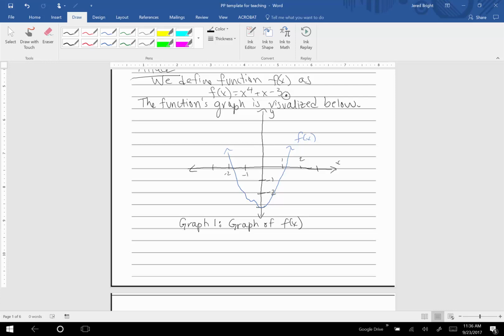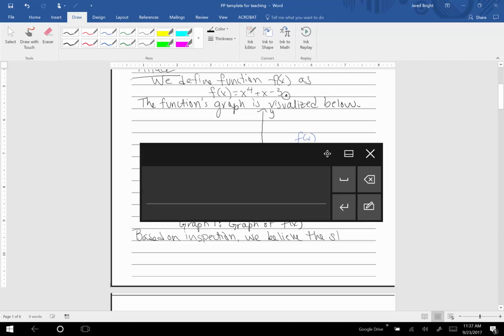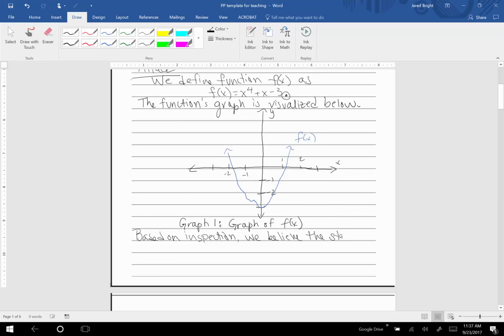And then I would continue below, and I'll say, based on inspection of Graph 1, we believe the statement to be shown is true.